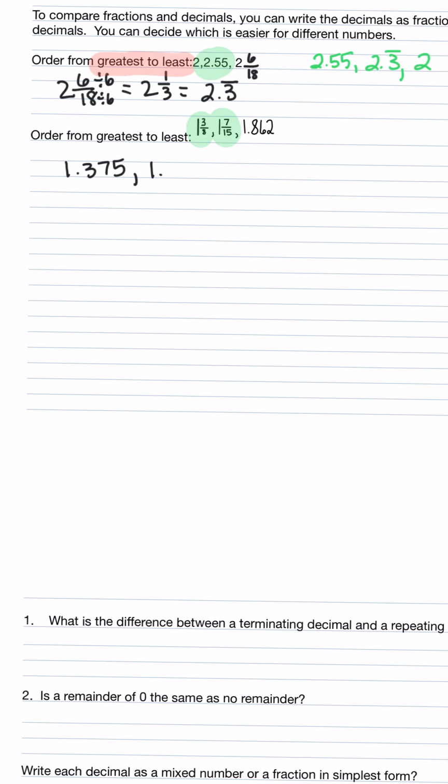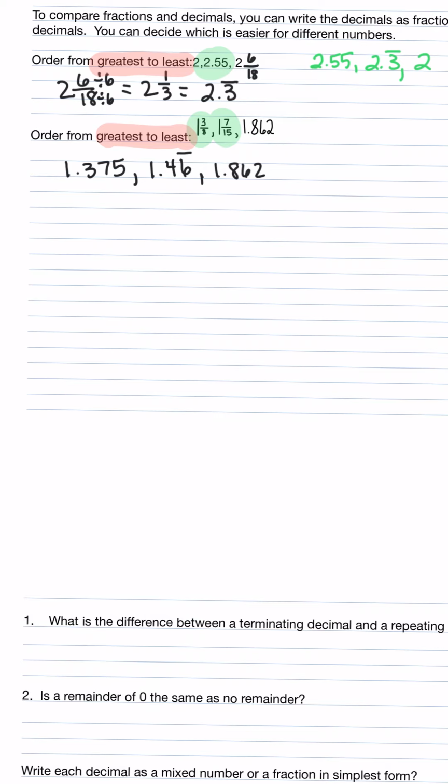The next one, we have 1 and 7 divided by 15 equals 1.466666, keeps going, and then we have 1.862. So we want to look, and it does say from the greatest to least.